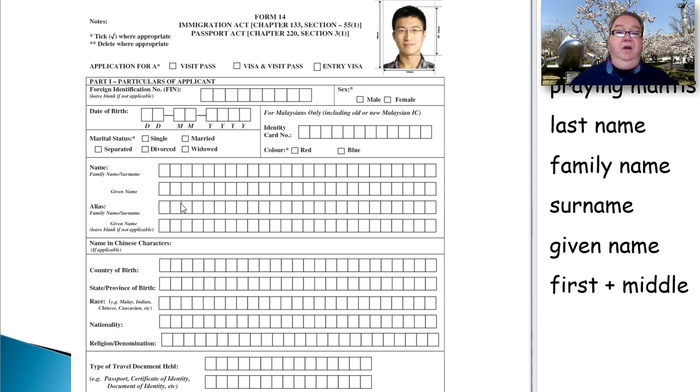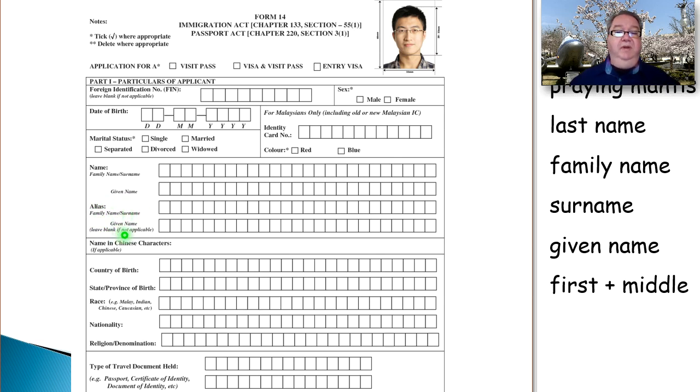So again, one letter in each box, and if you've got two names, just leave an empty box between those. Alias. An alias is like another name that you use sometimes.